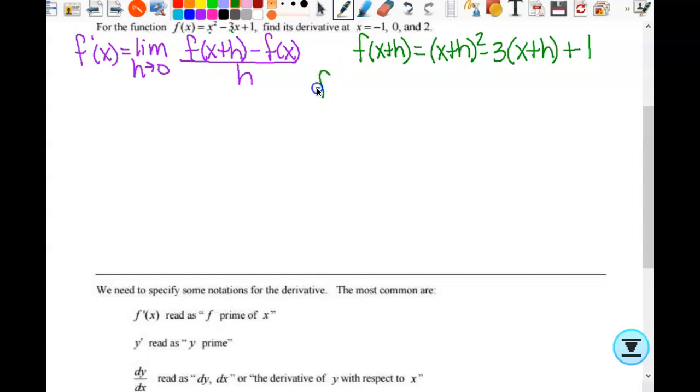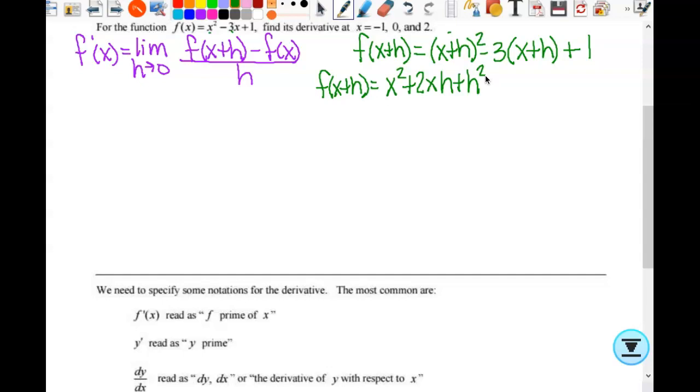So that means f of x plus h equals... if I square this, does that just become x squared plus h squared? No, it does not. So first thing is we know it's not that. When we square, we get x squared. Then you multiply x times h and double that, so it's plus 2xh, and then plus h squared.